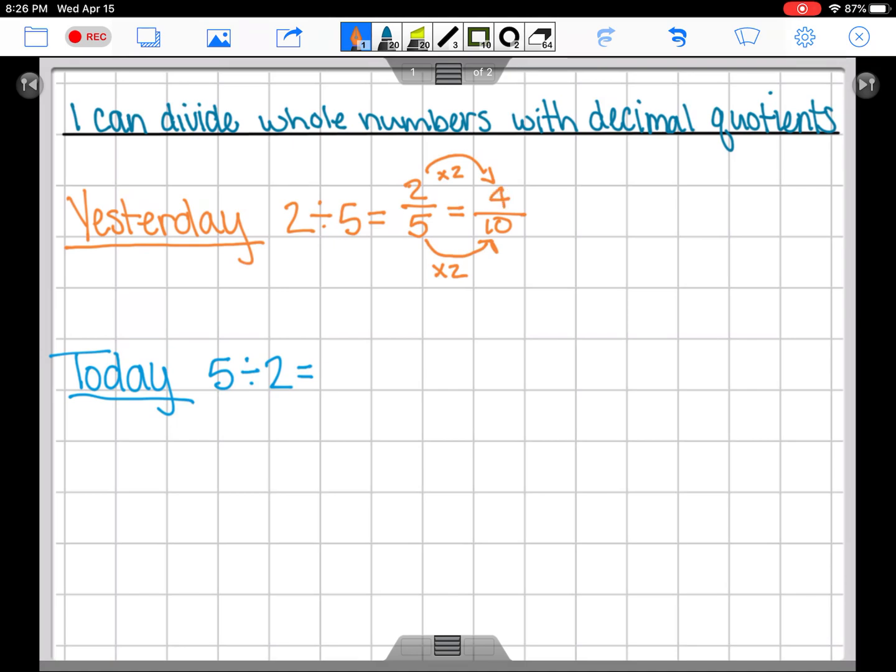I can multiply by 2, and that would be 4/10. 4 over 10 is equal to 4/10. That's one really simple way that we can work through that problem, but we also practiced this strategy in long division.